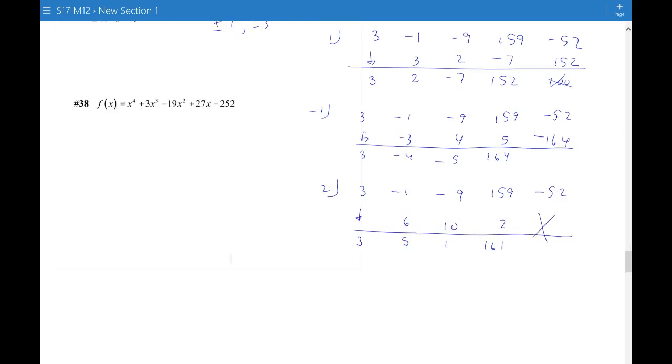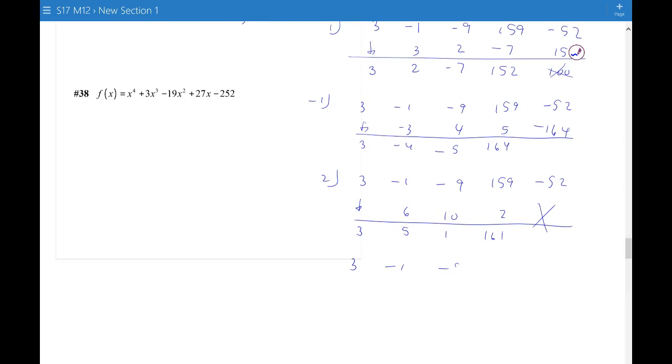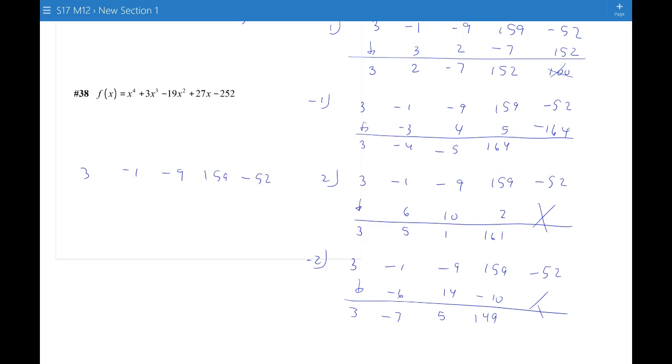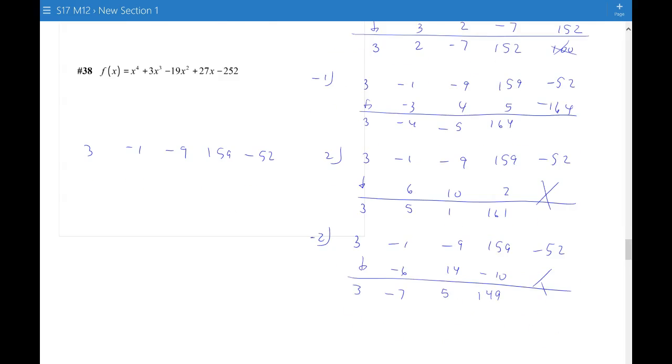That's not going to work either. How about negative 2? Well, that's not going to work either. So I'm thinking it's a fraction. So let's try 1/3.